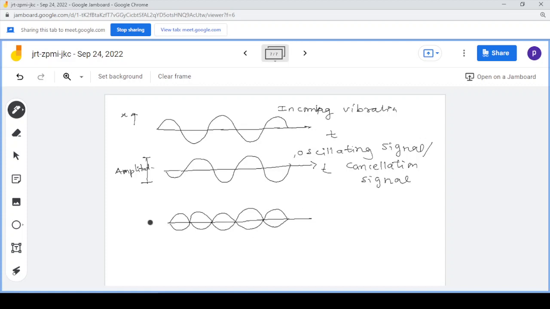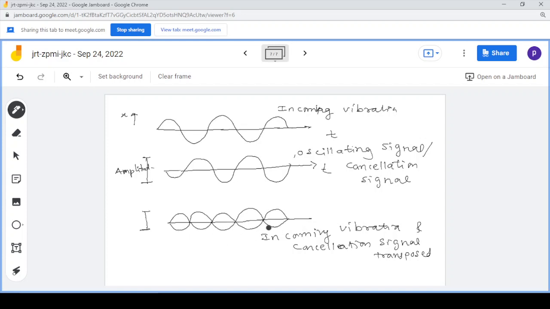So in this case, if this is the amplitude, right? So the incoming vibration and the cancellation signal are superposed on each other. So both are overlapped with each other, and we can see that both are neutralizing the vibration, or both are having the opposite sense.